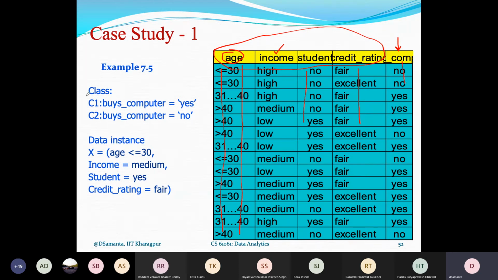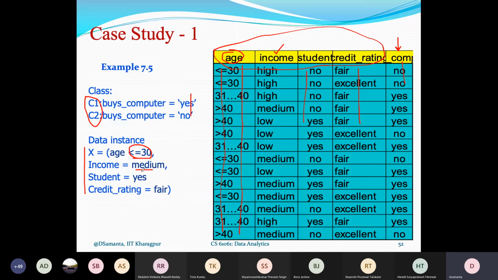So here as you see, C1 and C2 are the 2 class levels, yes and no in this example. And then attributes are defined with 4 different attributes: age, income, student, and credit rating, as mentioned here. And one test data is given to you like this: age is less than or equal to 30, so age is equal to A1.